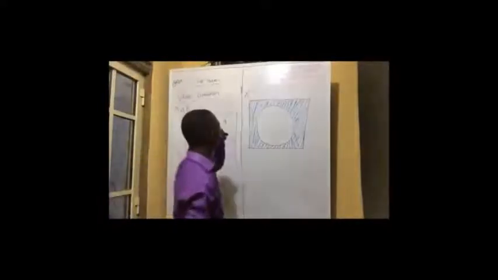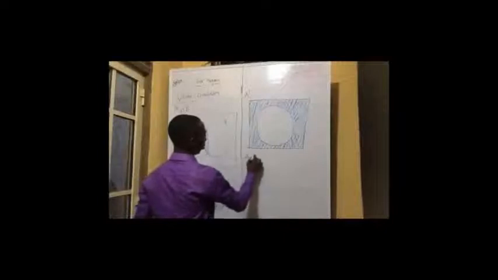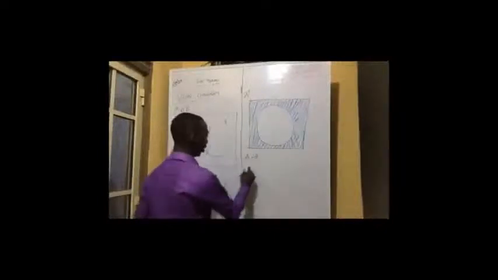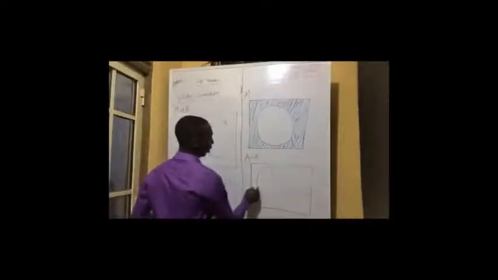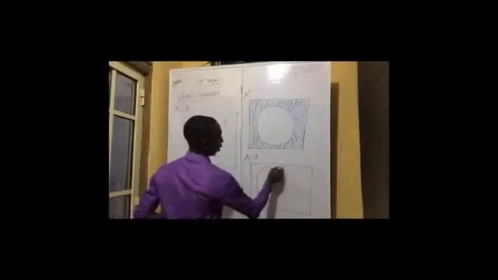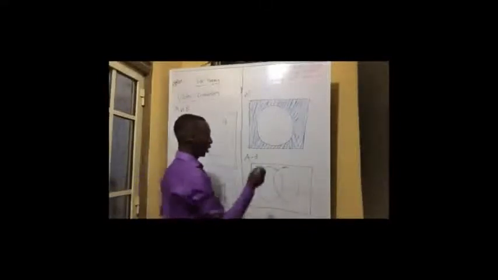Now, this is A intersection B. This is A union B. This is A complement. Now, there's also one thing. You can also shade A minus B on this same plane. So let's shade the region of A minus B. There are more of these things you can do. What will be the region of A minus B here? Don't forget, A minus B is the same thing as A intersection B complement.